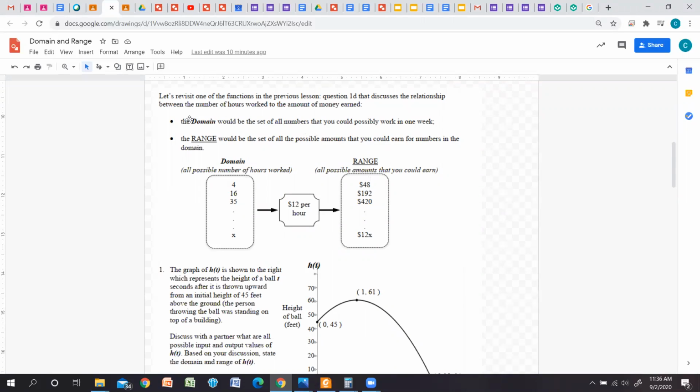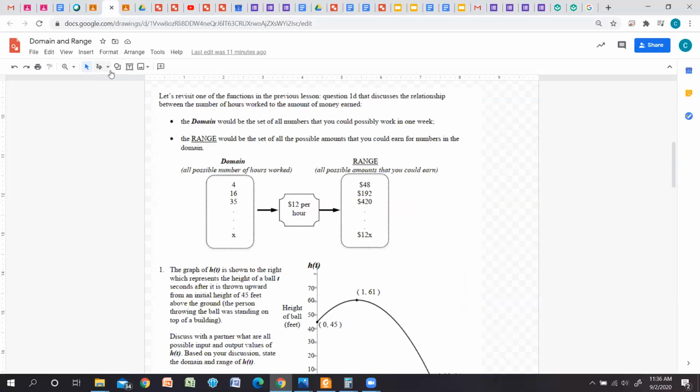Say you work at a movie theater and you get $12 per hour. Your input is the number of hours, and your output is the amount you make. So the domain is all the possible hours you can work.